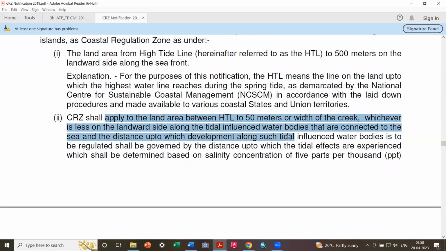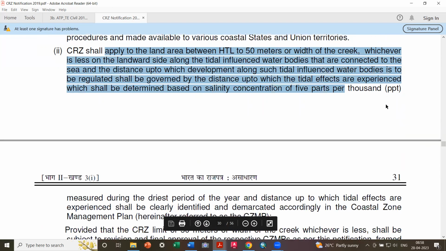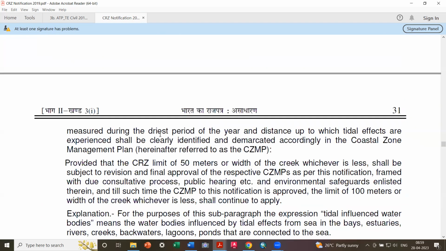The distance up to which development along such tidal influenced water bodies is to be regulated shall be governed by the distance up to which the tidal effects are experienced, which shall be determined based on the salinity concentration of 5 parts per thousand (ppt), measured during the driest period of the year. The distance up to which the tidal effects are experienced shall be clearly identified and demarcated accordingly in the Coastal Zone Management Plan.